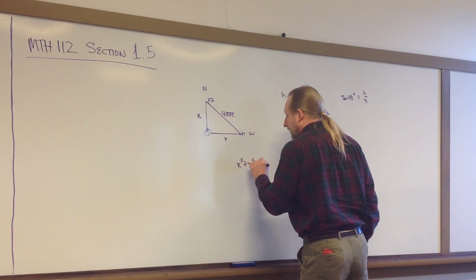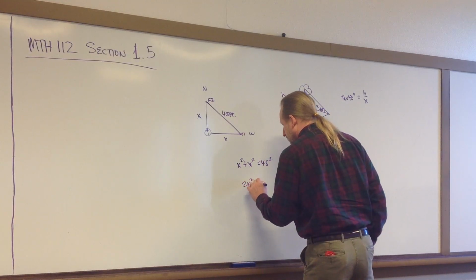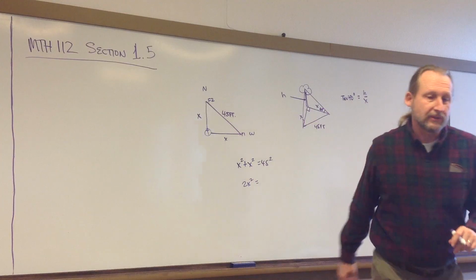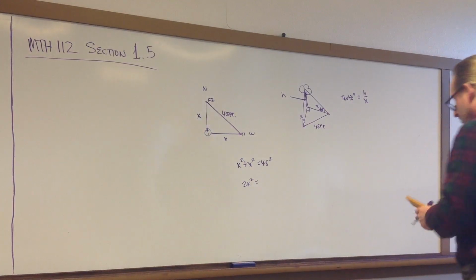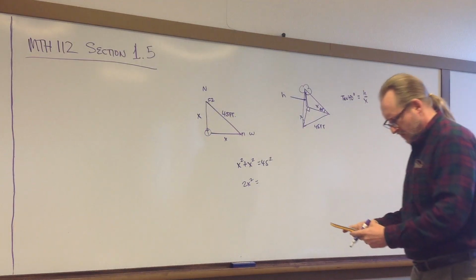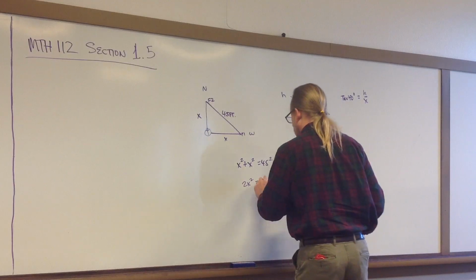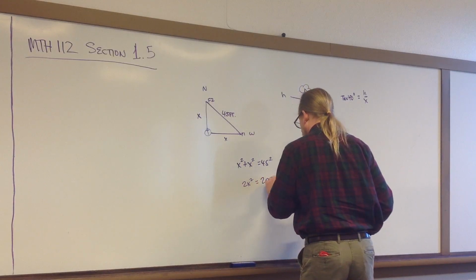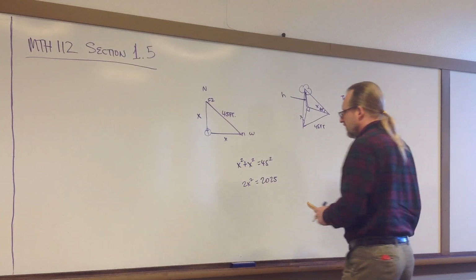Finding X shouldn't be too difficult because you can see that we've got a right triangle here, so that X squared plus X squared should be 45 squared. Let's see here, 45 squared. I don't know what that's going to be, 15,000 something? No, way up. 2,025. There we go. Okay, so divide that by 2.